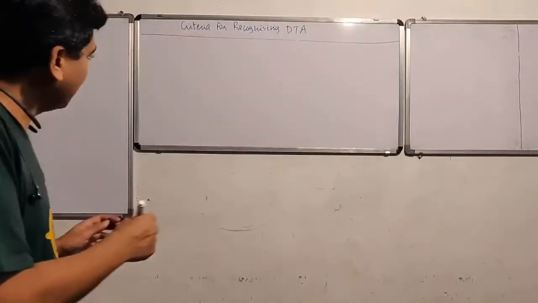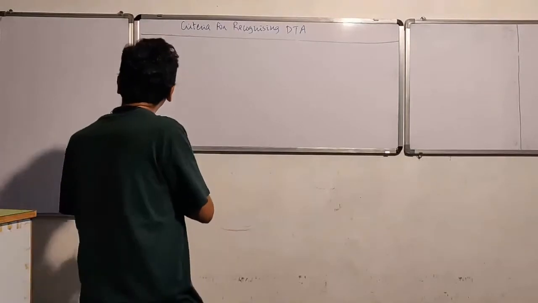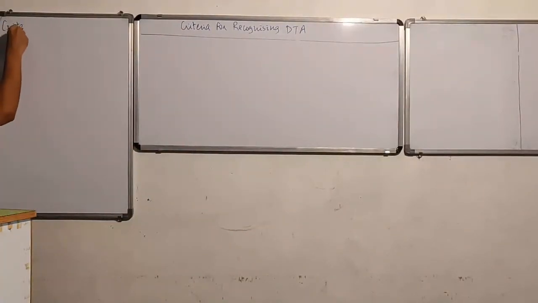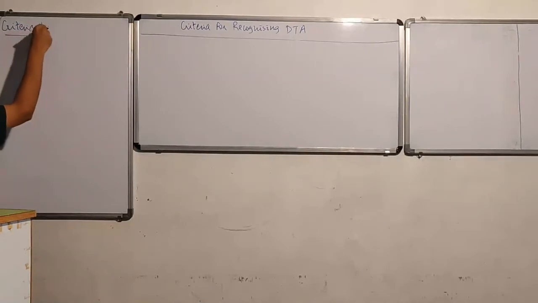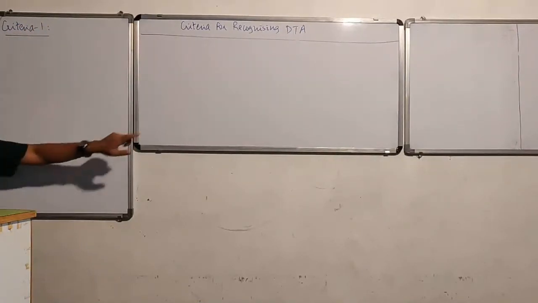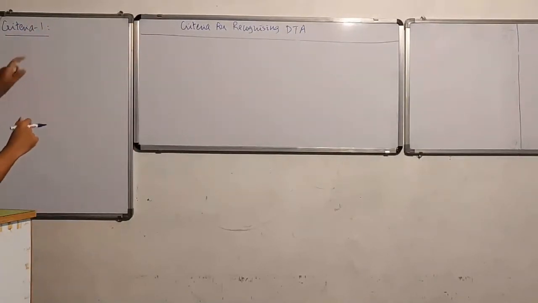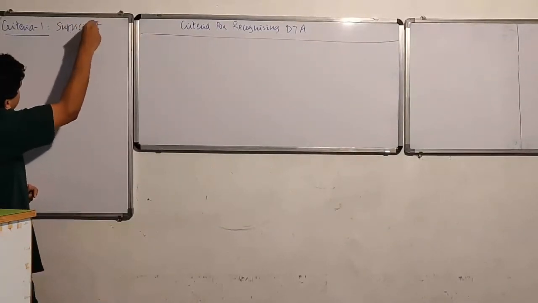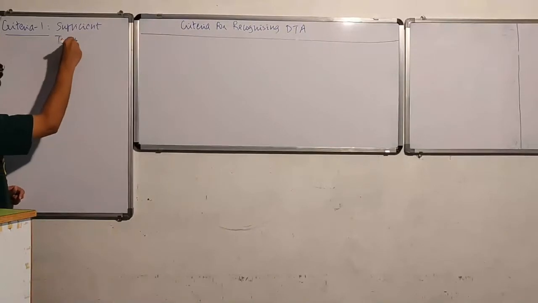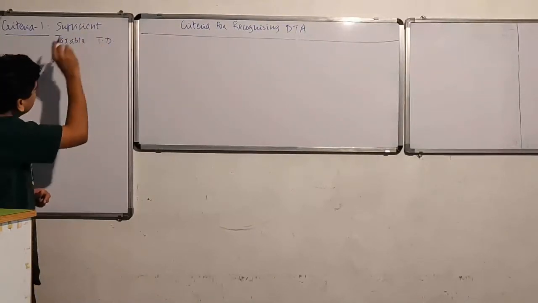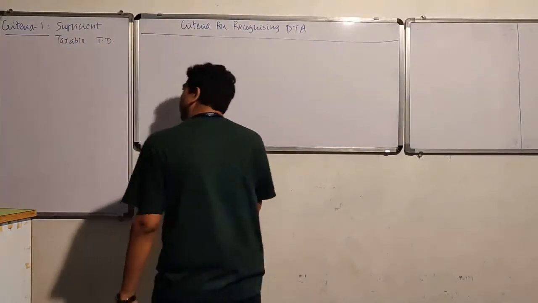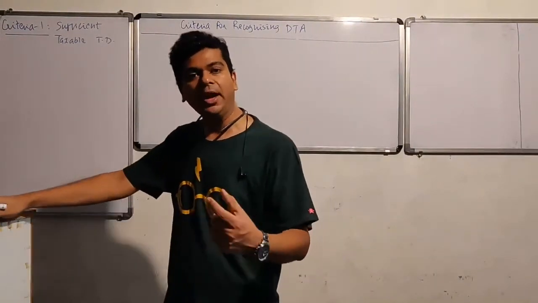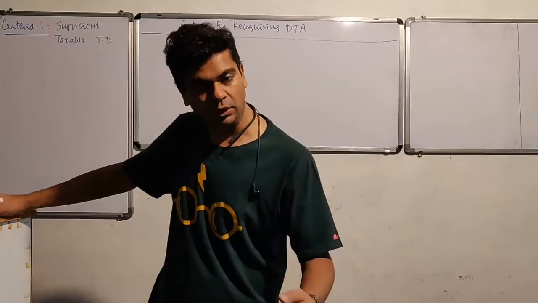Now, what are those criteria? We consider the first criteria. I'm putting it over here. Criteria 1. I'm writing in very short, very brief. When can I recognize DTA? The first criteria is if there is sufficient taxable temporary difference. If there is sufficient taxable temporary difference, then to that extent you can recognize a deferred tax asset.